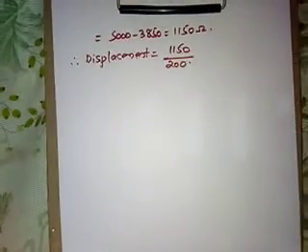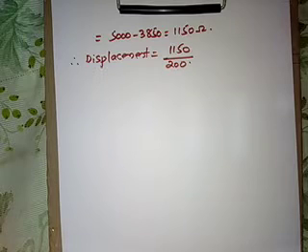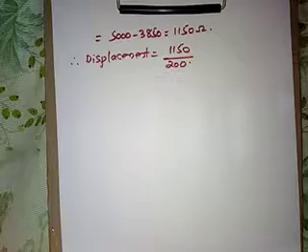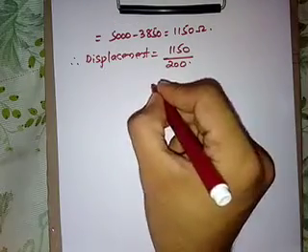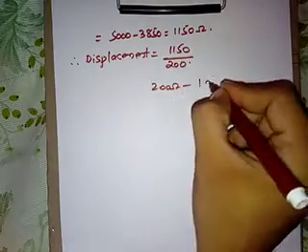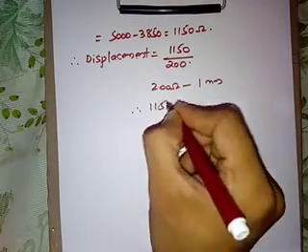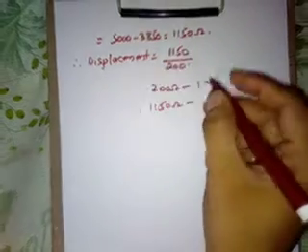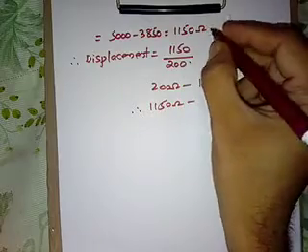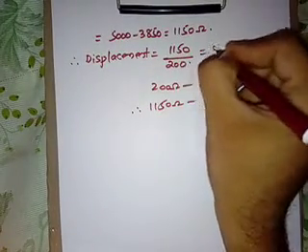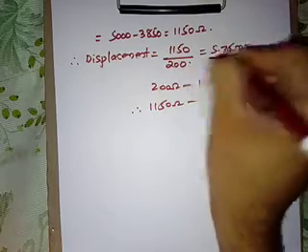How are we getting this? In the previous step we got the resistance of potentiometer wire per unit length, that is 200 ohm per millimeter. That means for 200 ohms it is 1 millimeter. Therefore for 1150 ohms, the displacement is 1150 divided by 200. This comes out to 5.75 mm.